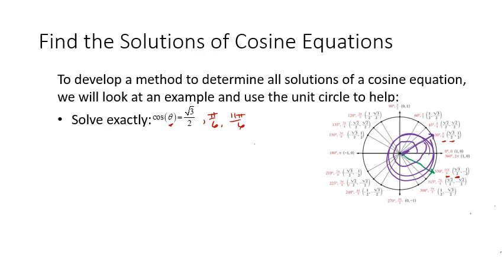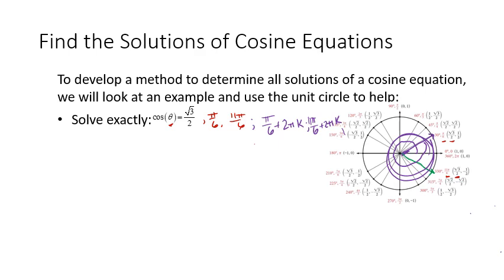So the way that we end up writing these, and we're going to talk about this on the next slide, is it's not just 11 pi over 6 and pi over 6. It's going to be all of the values, this and this plus some iteration of 2 pi.